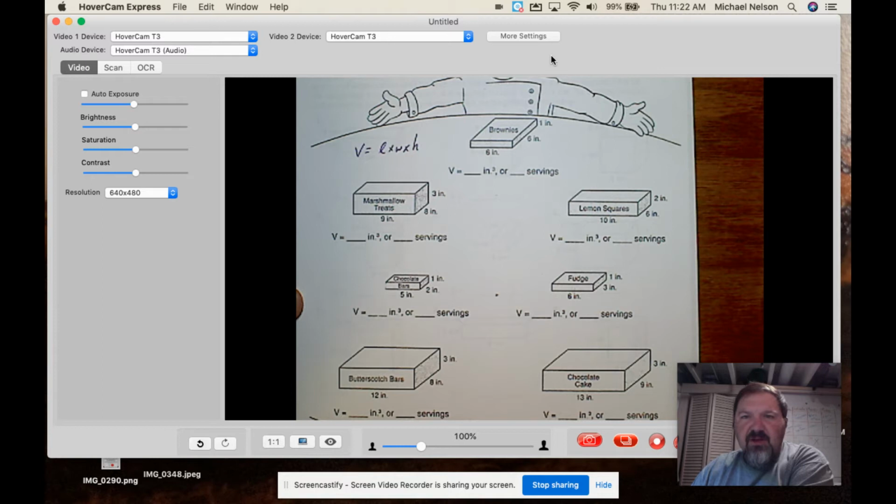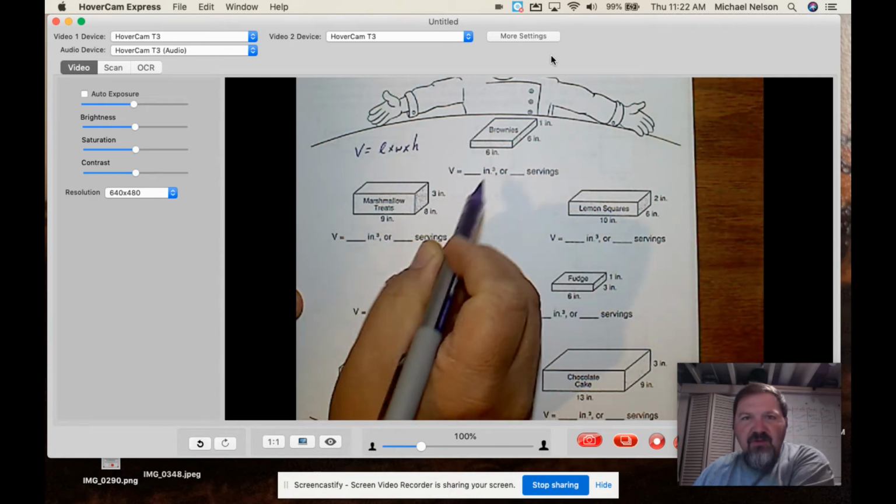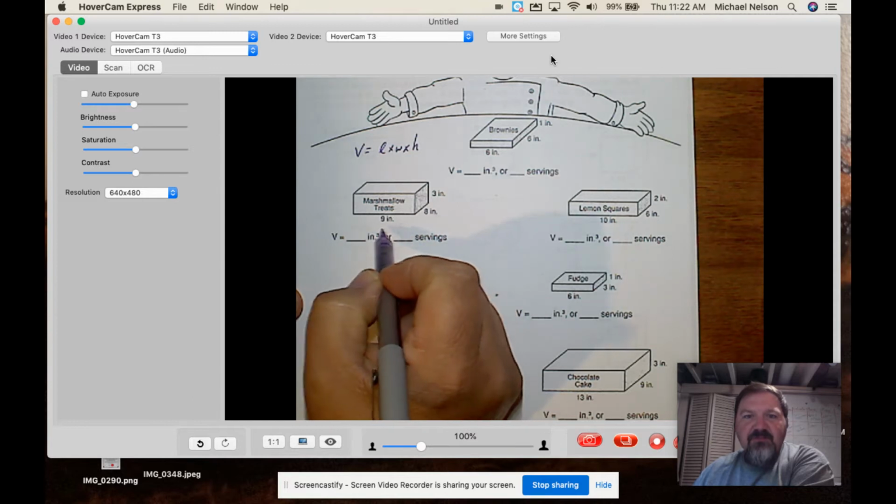And you did this a lot in 5th grade. 5th graders have actually done this ahead of you, because we're using this as a review for surface area and to see the difference of these two. But so they've done this just recently. So if you need help, ask a 5th grader. That's a horrible thing to say, isn't it? All right. So every problem, and I'm just picking the marshmallow treats here. They sound better than brownies at the moment.